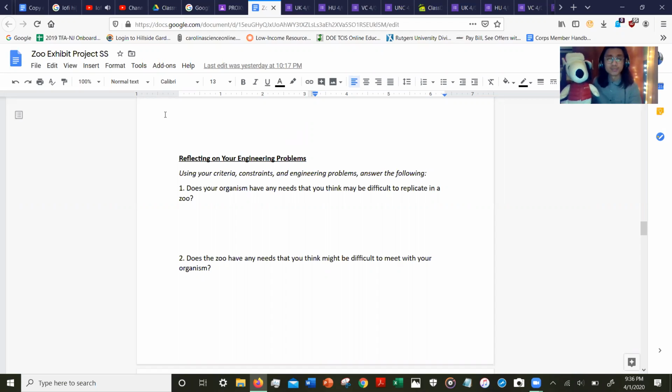So if Snoopy isn't a popular organism, like people aren't crazy going to see a Chihuahua in a zoo, one of those challenges that a zoo might have difficulty with is making a Chihuahua entertaining. And again, the engineering problem I indicated there is maybe we put up some toys so that a Chihuahua can do tricks people haven't seen.